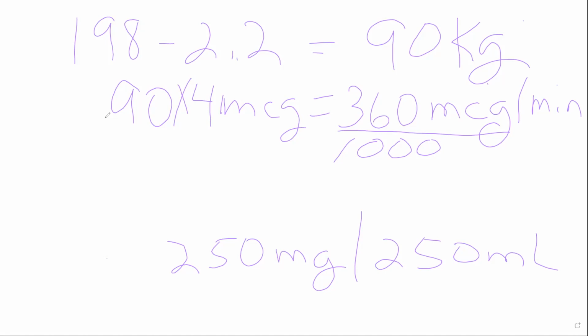Okay. That's where I was messed up at. Okay, so take your 360 and divide it by 1,000. And that should be 0.36. So now you have 0.36 milligrams per minute.